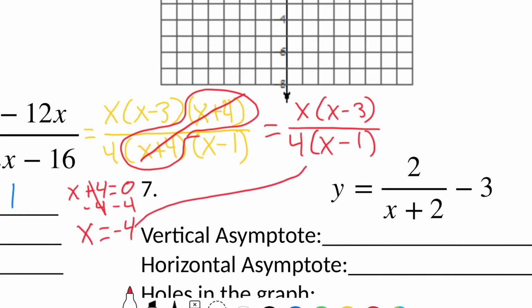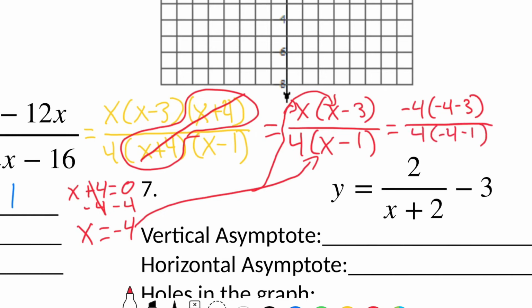So we're actually going to substitute this x value in for x everywhere that there's an x into our calculator. So we're going to have negative 4 times negative 4 minus 3 all over 4 times negative 4 minus 1.